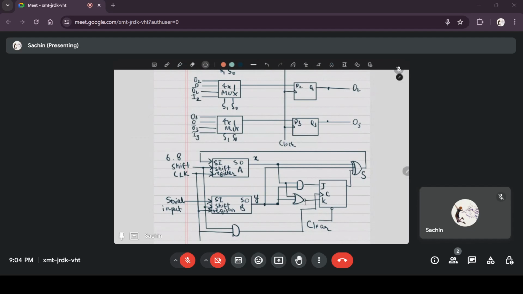So when X and Y are 1 1, J is 1, K is 0. So on the next clock pulse, the output of the JK flip flop will be 1, which is the carry of the previous stage.